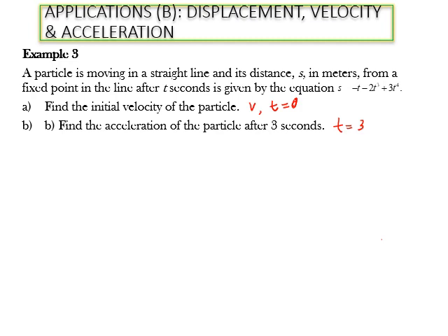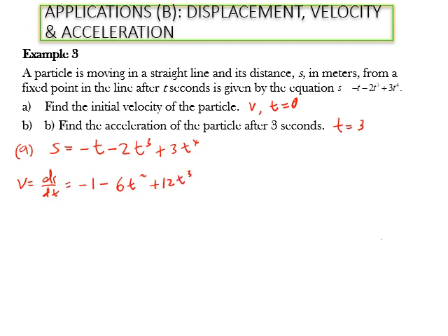So let us do A. S is given as negative t minus 2t to the power 3 plus 3t to the power 4. So v is ds over dt. We differentiate s with respect to t, we get negative 1 minus 6t squared plus 12t cubed.